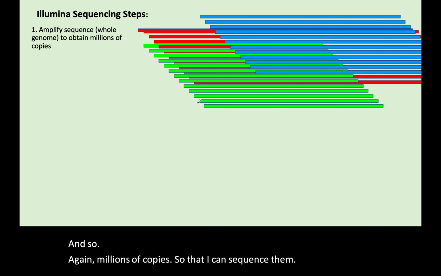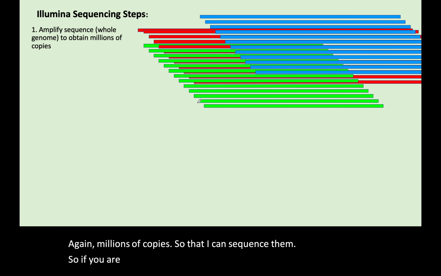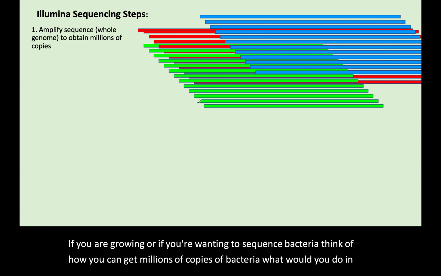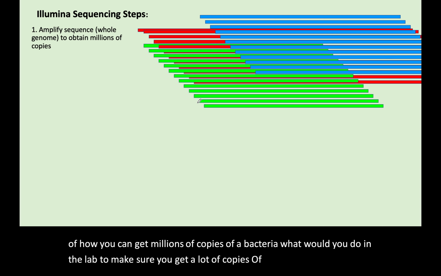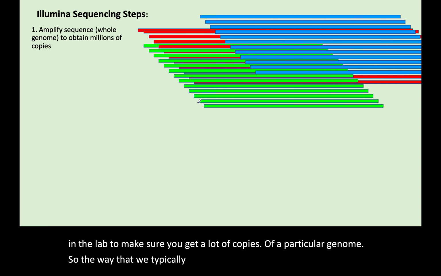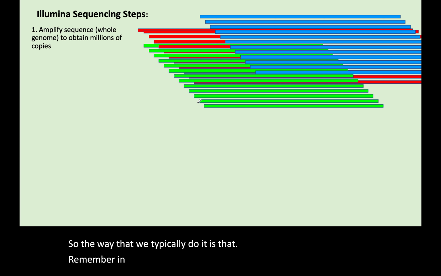So if you're wanting to sequence a bacteria, think of how you can get millions of copies of a bacteria. What would you do in the lab to make sure you get a lot of copies of a particular genome? The way that we typically do it is that, remember, in a liquid culture, you can get up to 1 million cells or more per milliliter.